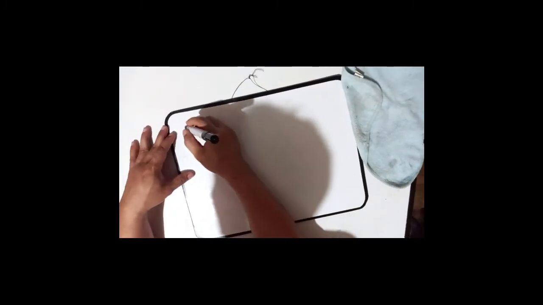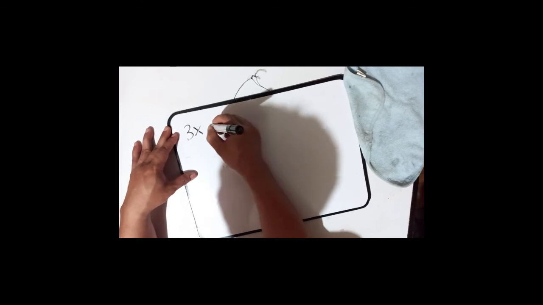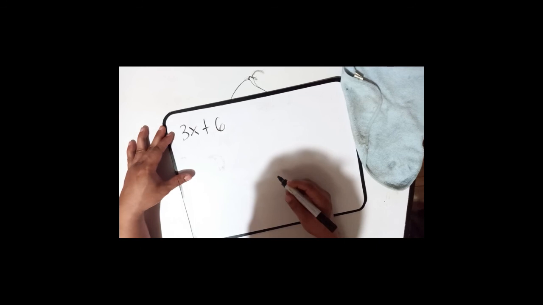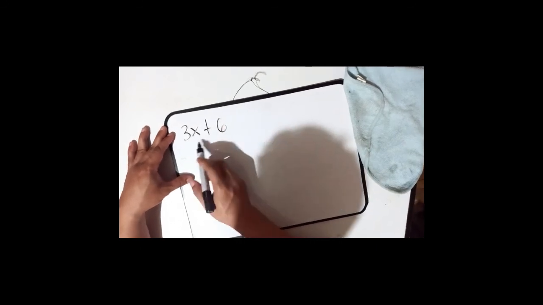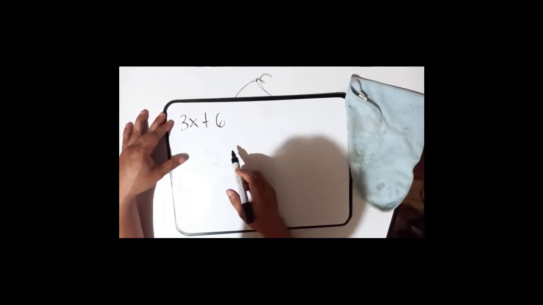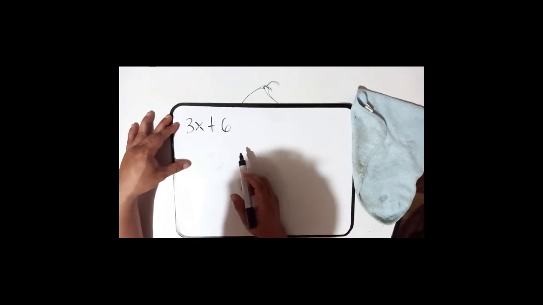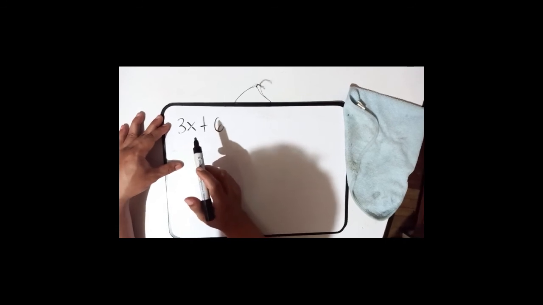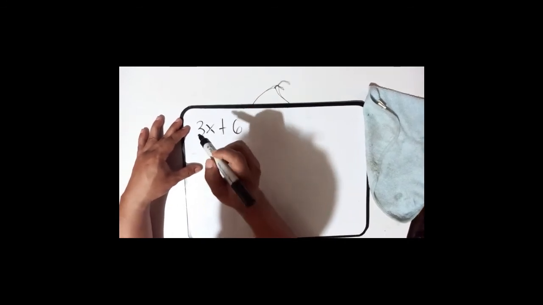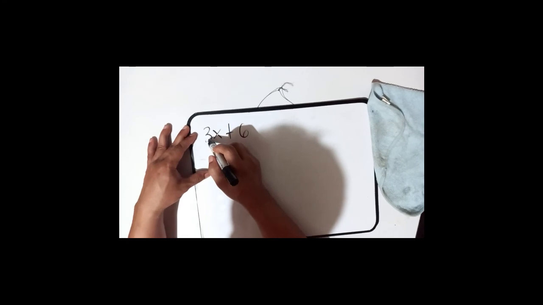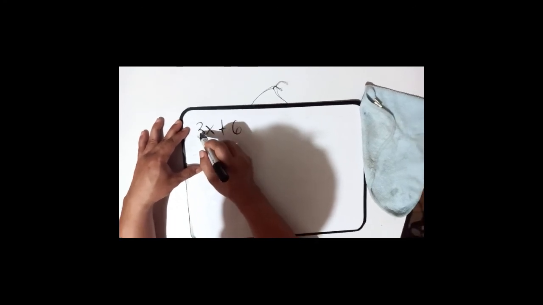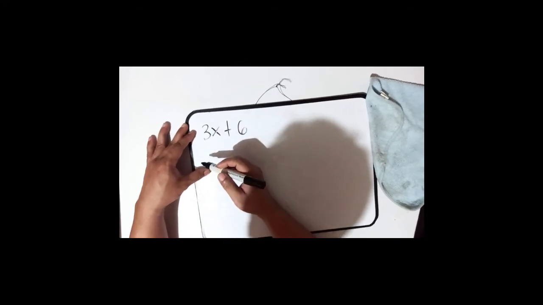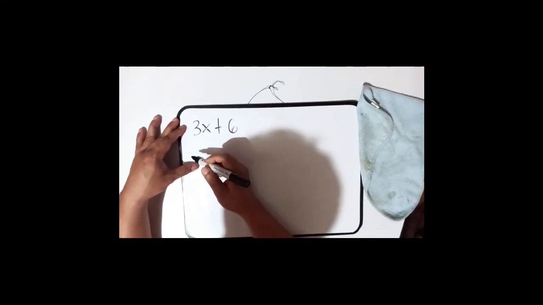So let's say we want to get the factor of 3x plus 6. For us to get the factor of 3x plus 6, we have to examine each term, wherein we have to think of a number that when divided by 3 and divided by 6, we will get a whole number.